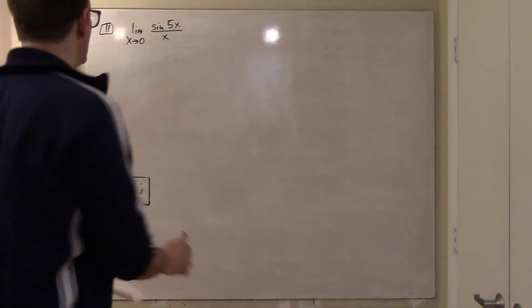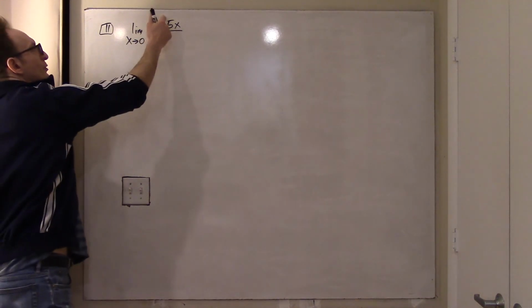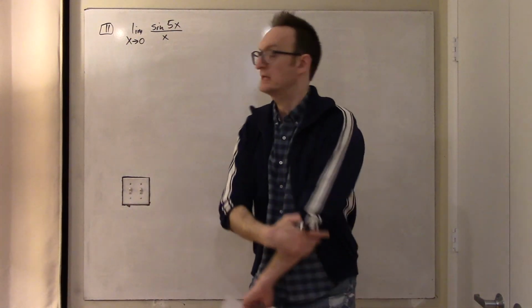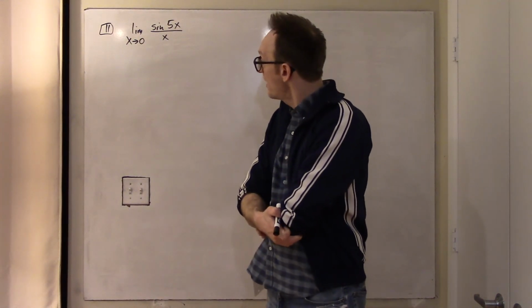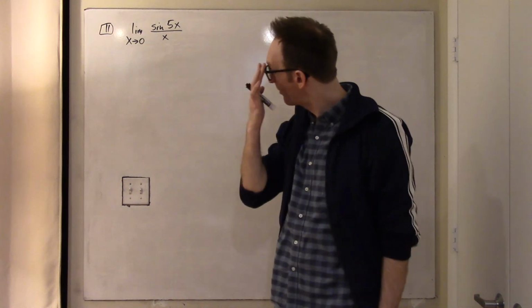Okay, number 11. The limit as x approaches 0 of sine 5x over x. This is very similar to a problem we did in class, but now it's a 5 instead of a 2. So what's going on here?